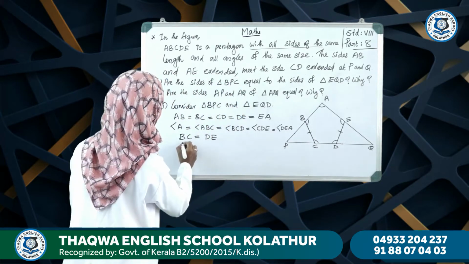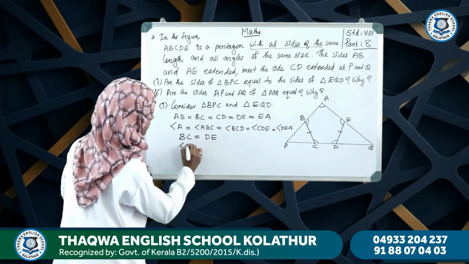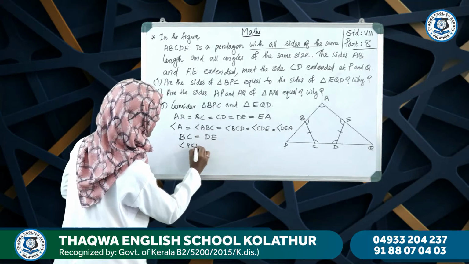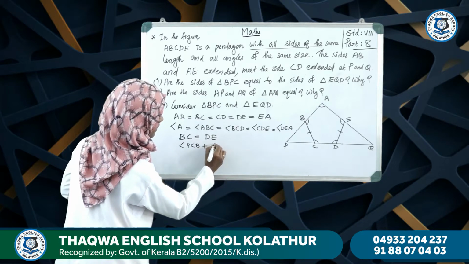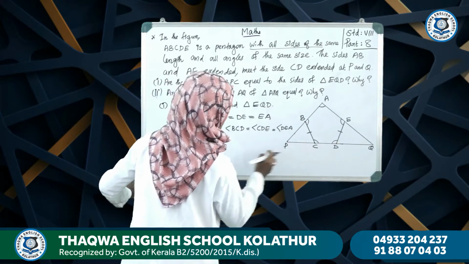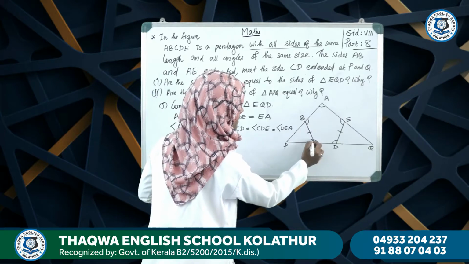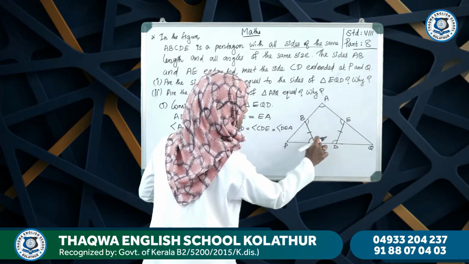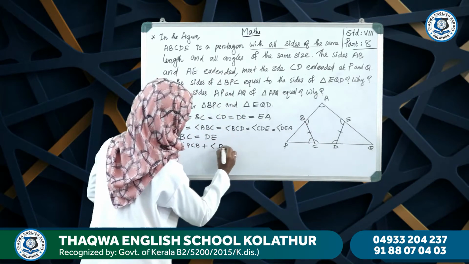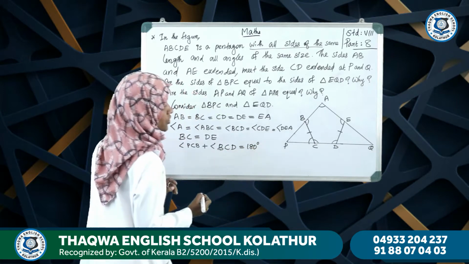Okay. Now next we can write angle PCB plus angle BCD equals 180 degrees.